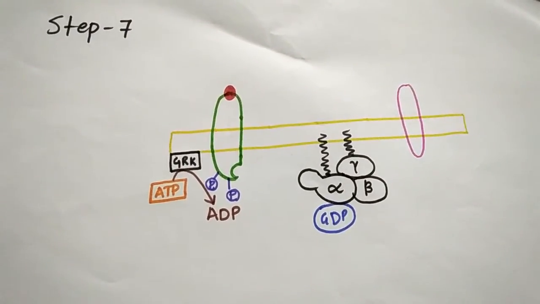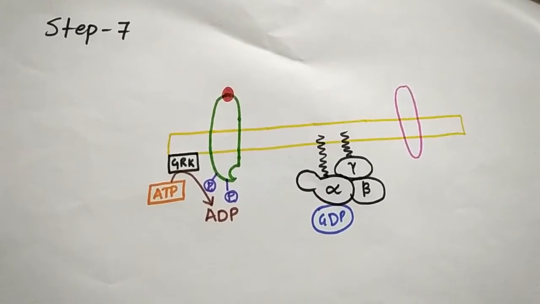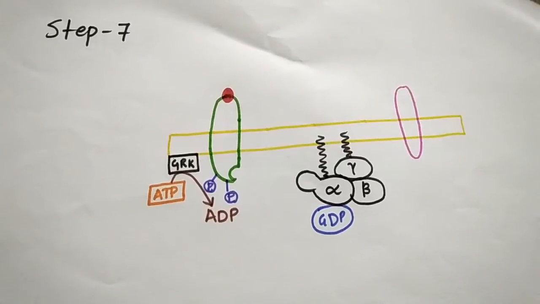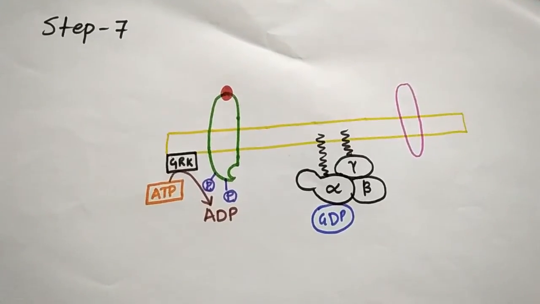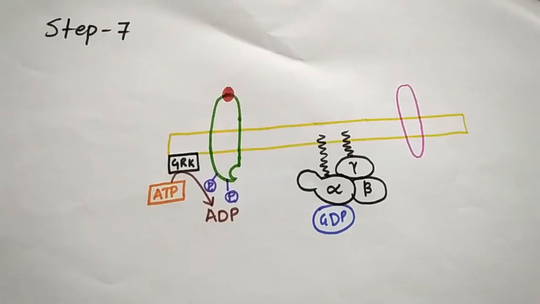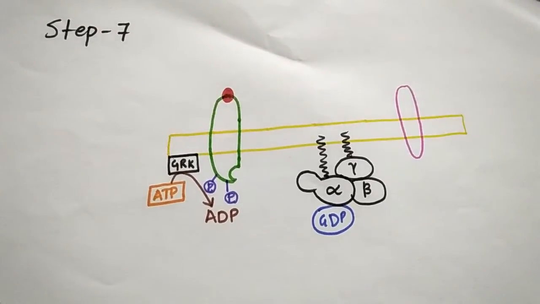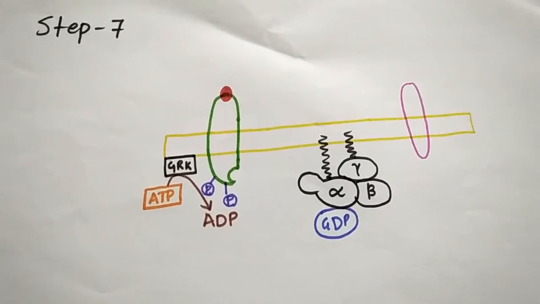It occurs via a two-step reaction, out of which the first is that the cytoplasmic domain of the activated GPCR is phosphorylated by a specific type of kinase, termed G protein coupled receptor kinase, which is mainly a serine threonine protein kinase.